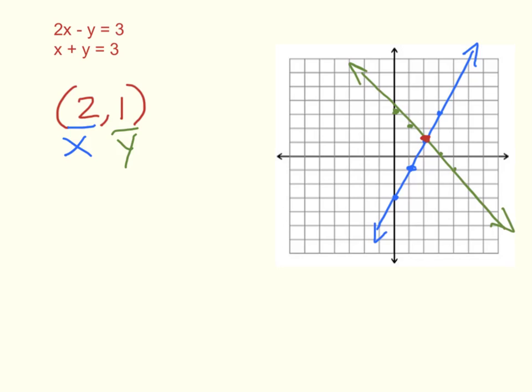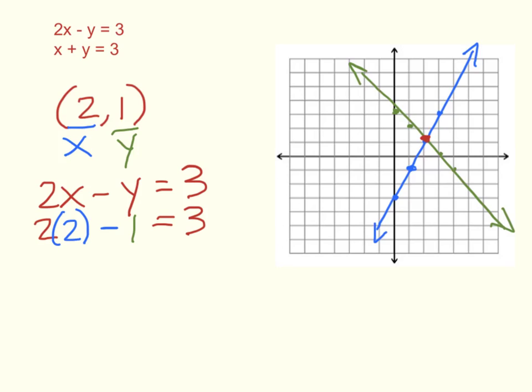So I'm going to take 2x minus y equals 3, and wherever I see my x, I'm going to plug in 2. So it's going to be 2 times 2 minus 1 should equal 3. So 2 times 2 is 4, minus 1 equals 3.